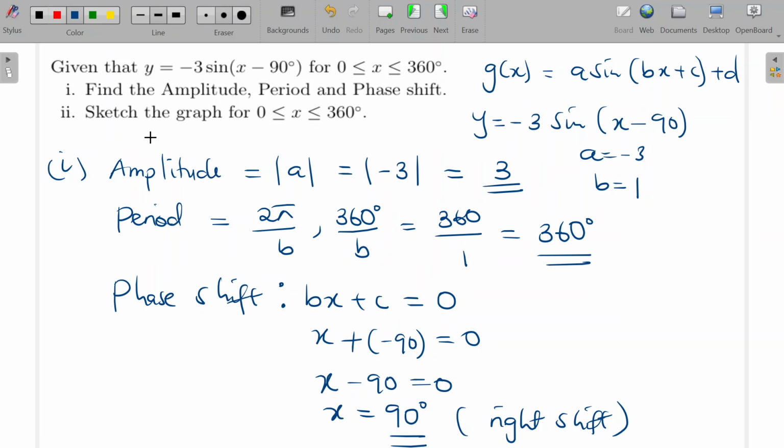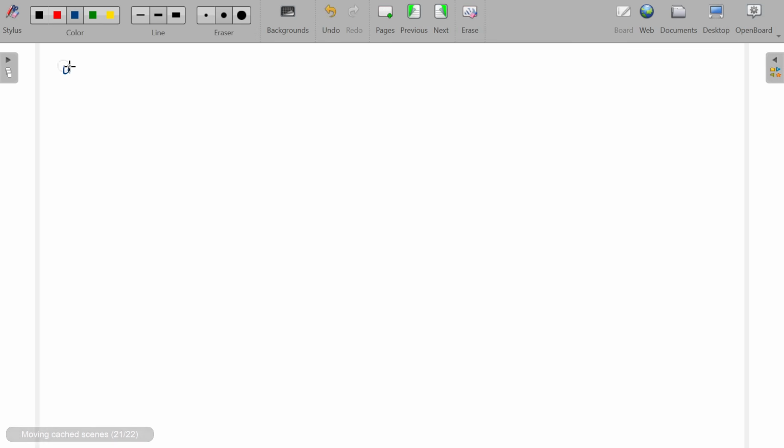Now the next question they are telling us to do is to sketch the graph for 0 less than or equal to X less than or equal to 360. So you have your function, which is y equals negative 3 sine of X minus 90.